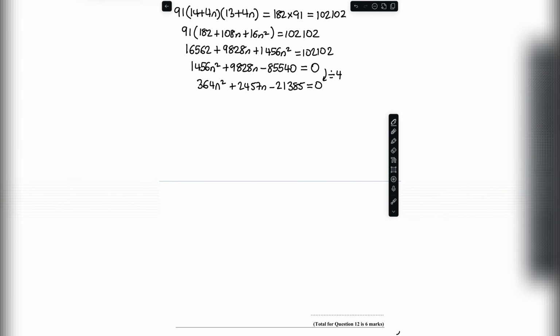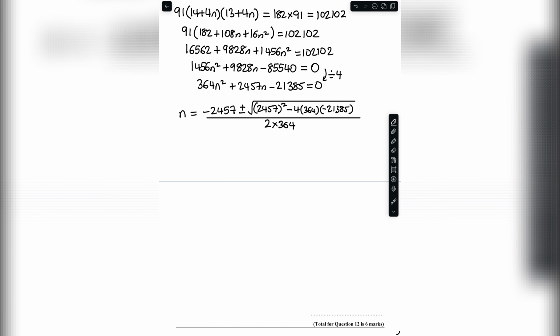So in order to solve for n, we need to use the quadratic formula. So n equals 5, or n equals minus 11.75. And given that n represents the number of red sweets, n must be an integer. Therefore, n equals 5. So the number of blue sweets is simply 3 times 5, and that is 15.